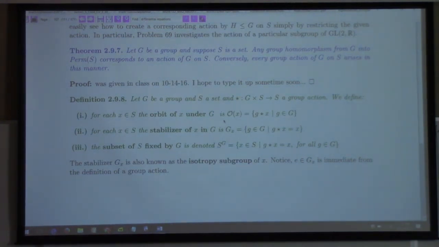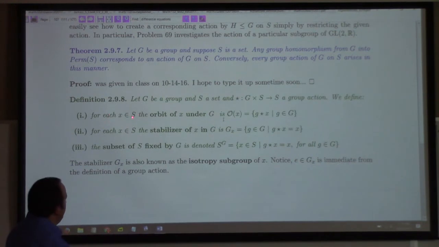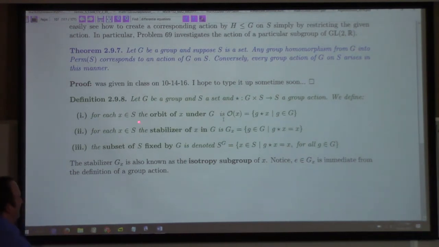So if we have a group action, there are a couple of very interesting things that we can calculate attached to this group action. Here they are. So first of all, we can talk about the orbit of a point under the group action.